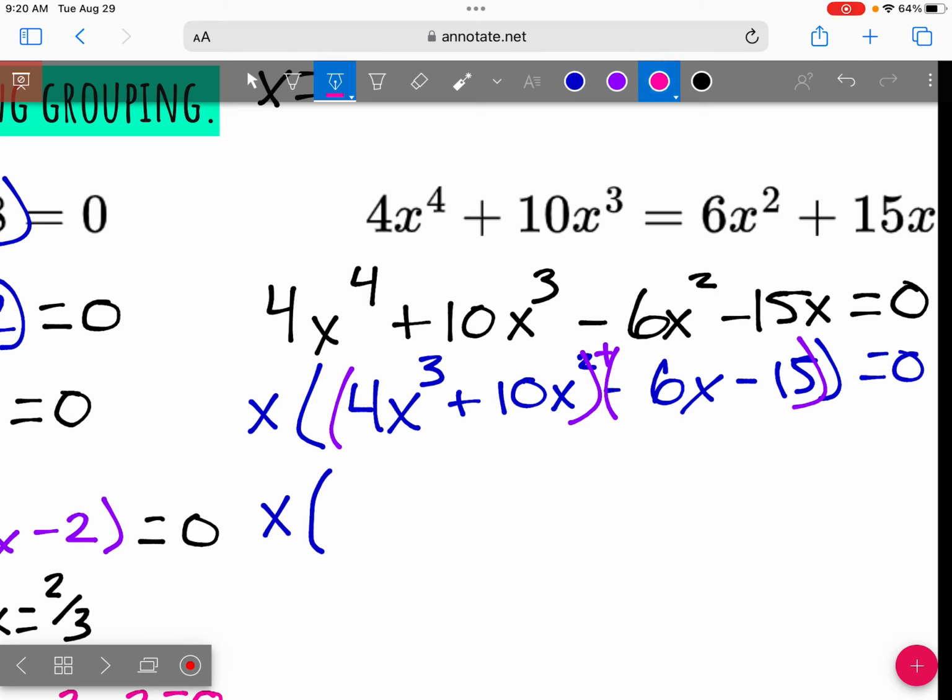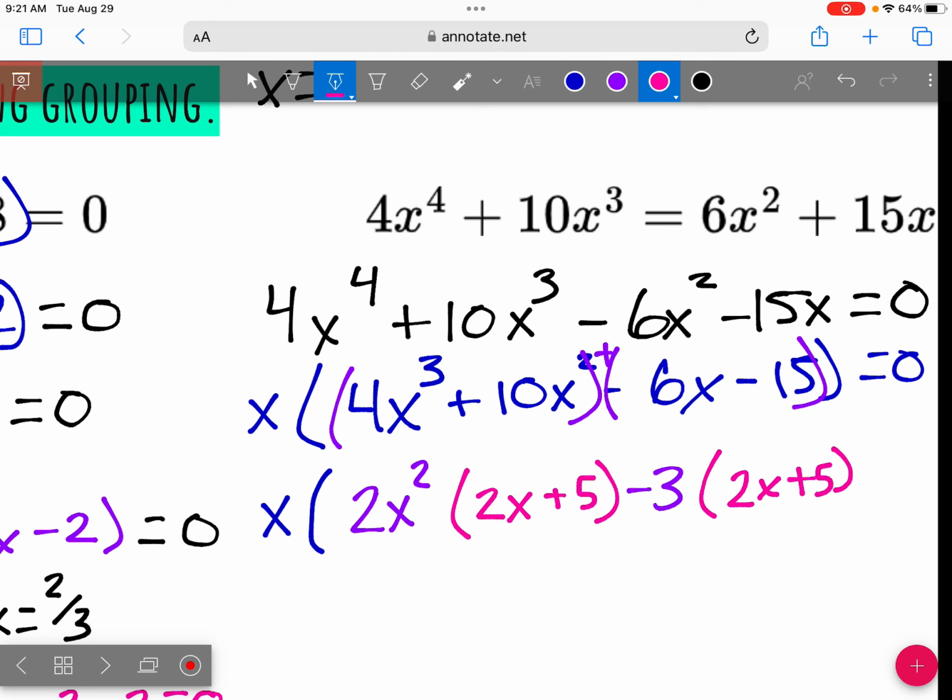What do we have that is common between 4x cubed and 10x squared? 2x squared. And our remainder is 2x plus 5. What do we have common between minus 6x and minus 15? Minus 3. Leaving us with 2x plus 5.